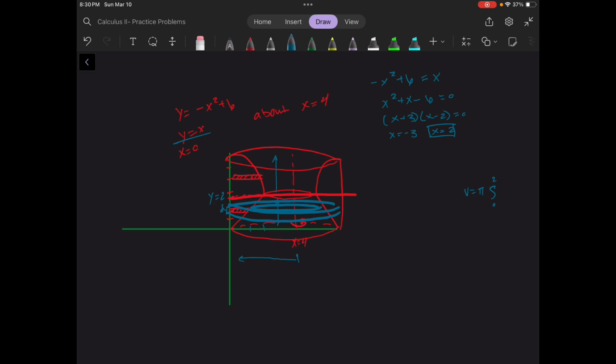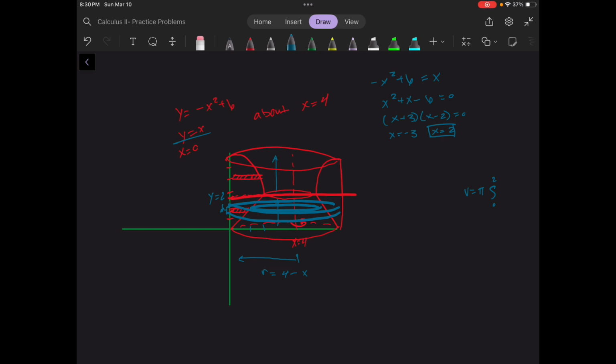The little r is not constant. So r starts at 4 and it ends at our function, which is y equals x, right? And we want it in terms of y, so we're just going to call that x. We want it in terms of y because we have dy slices.